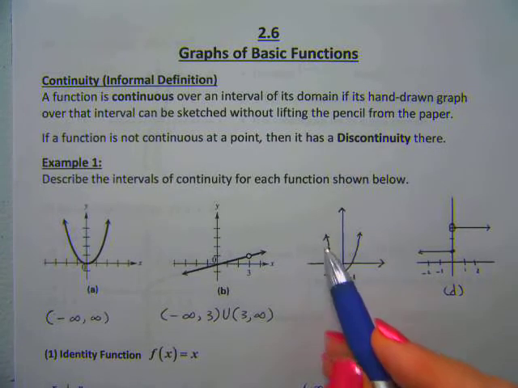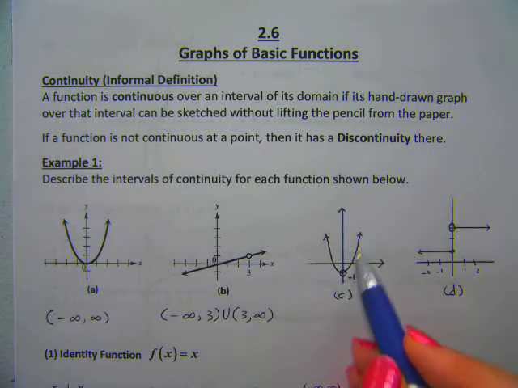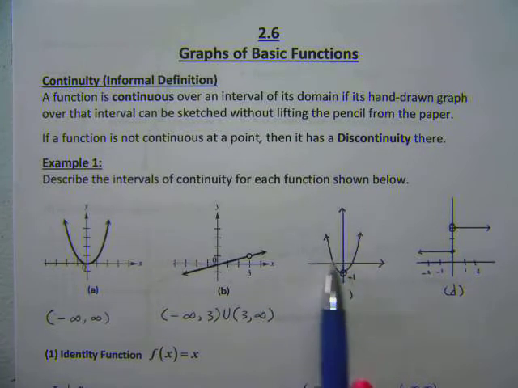Let's look at this one. There is a hole here, and then you're continuing. The biggest mistake students make here is they say that it's from negative infinity to negative 1 because that's the only number you see. But that is incorrect. How come? Because again, we're looking at the interval in the x values, as always.